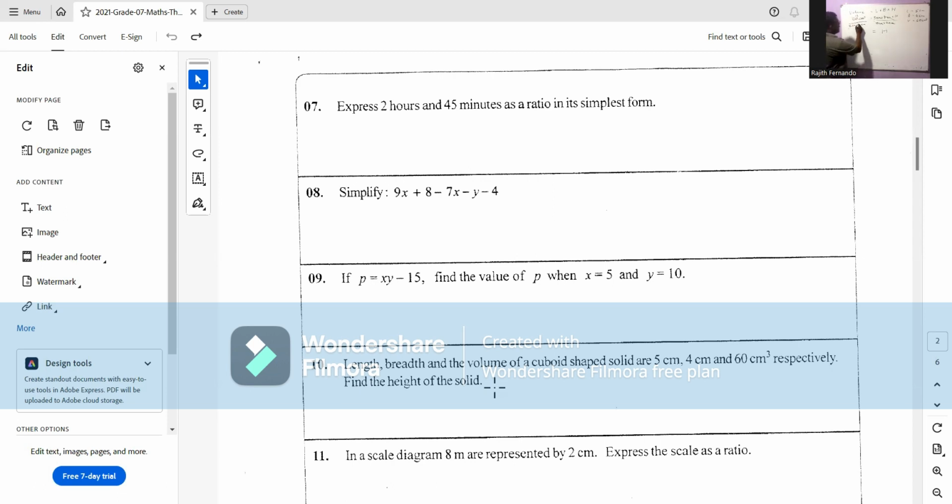Then 12 by 4 is 3. You have centimeters squared in the denominator, and cancelling leaves only power 1. Then the answer is 3 centimeters. So the height is equal to 3 centimeters.